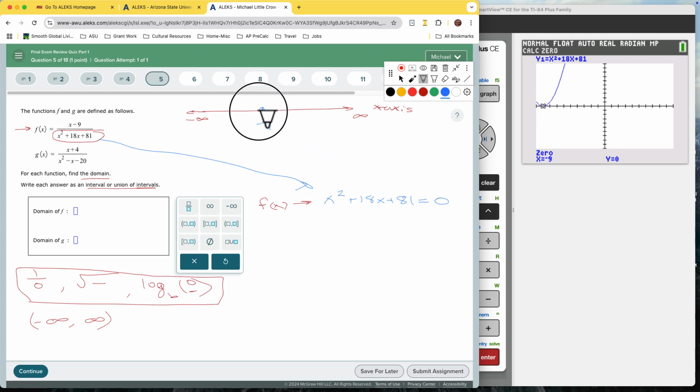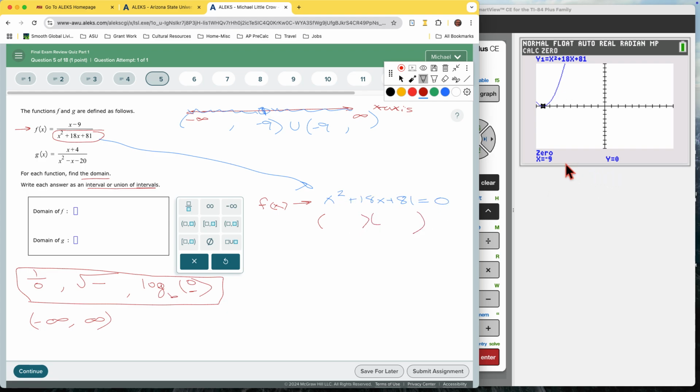We need to take this out, and so we can have everything else except negative 9. So we've got negative infinity to negative 9 union negative 9 to infinity. That's going to be our interval.